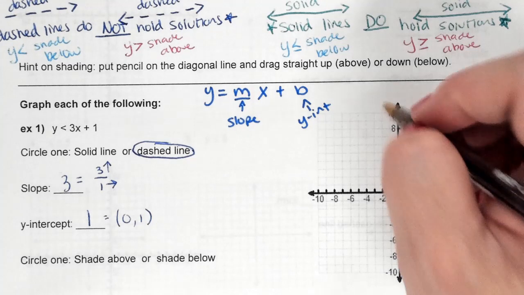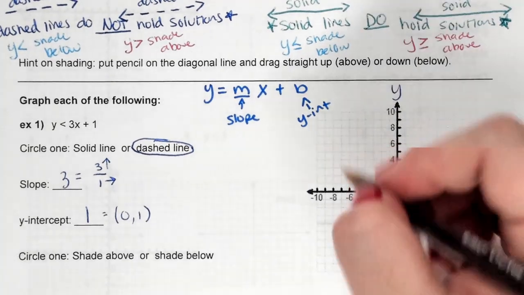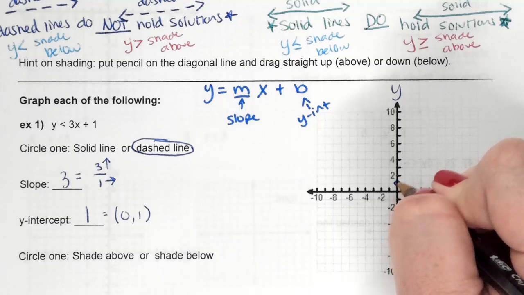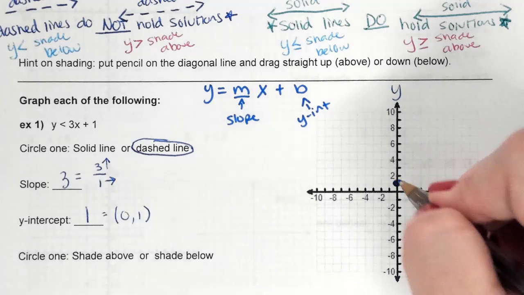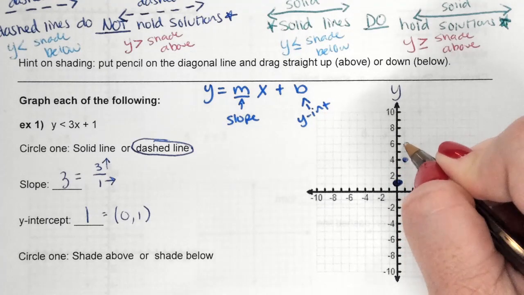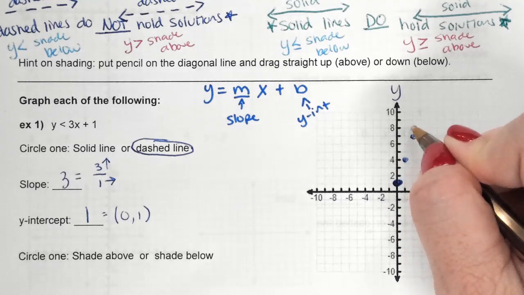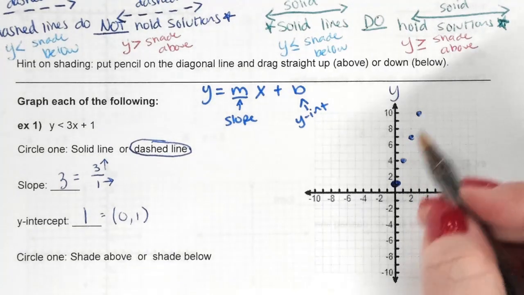So on my y-axis, this is your y, this is your x. I'm going to put a point at positive 1. And I'm going to rise 3. 1, 2, 3, run 1. Now after I rise 3, run 1, I'm going to go down 3, backwards 1.